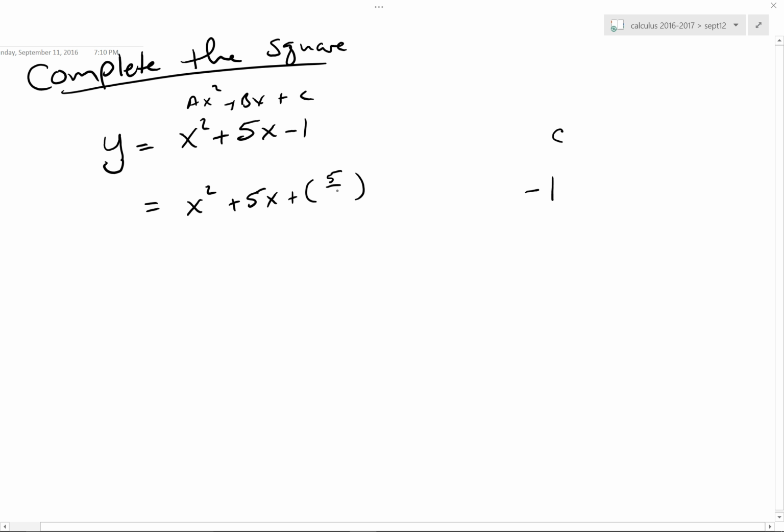So that's 5 over 2. 2.5 if you like, but I just like 5 halves. Squared. It's always this. That is because this part right here now always factors as x plus 5 halves squared, if this is half of this guy squared.